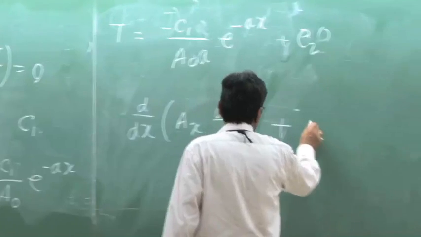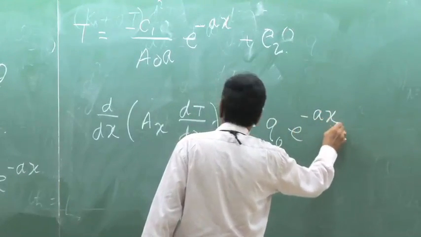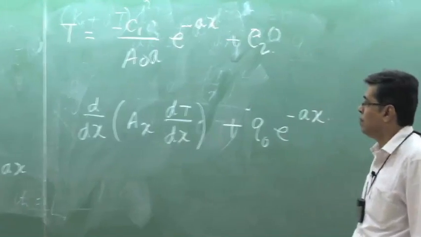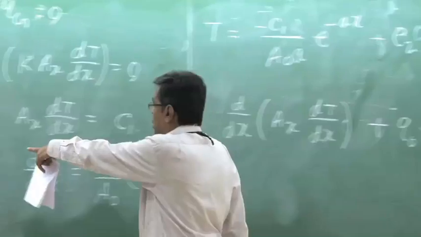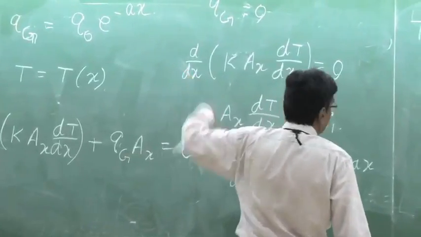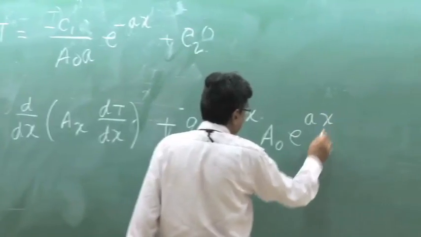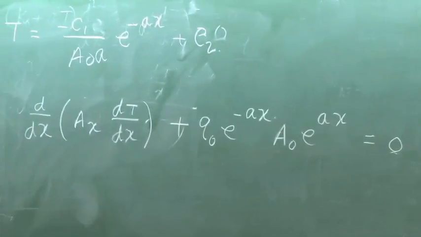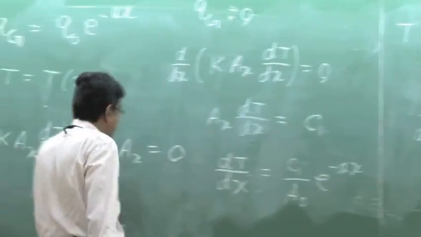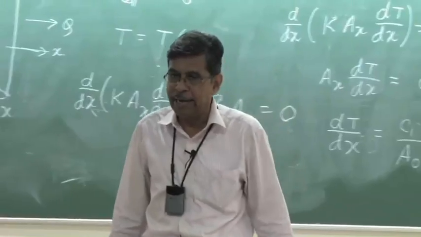Qg is Q0 e to the power minus Ax, and Ax is A0 e to the power Ax. Okay?